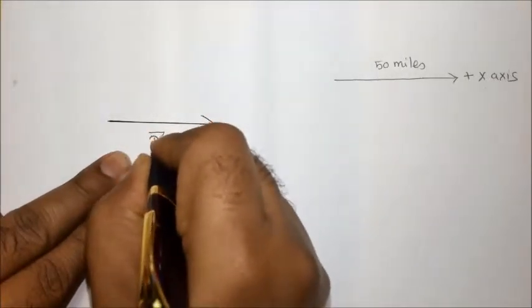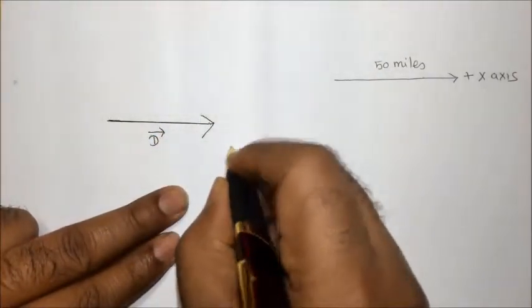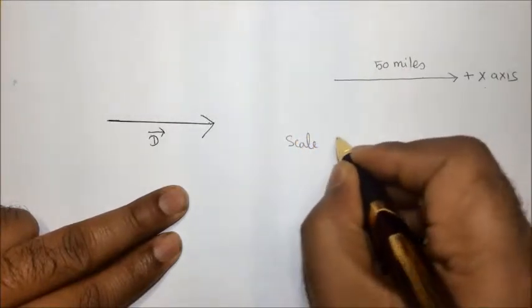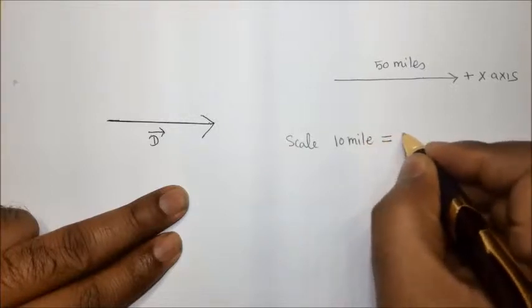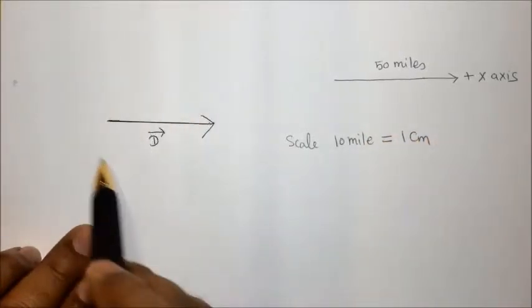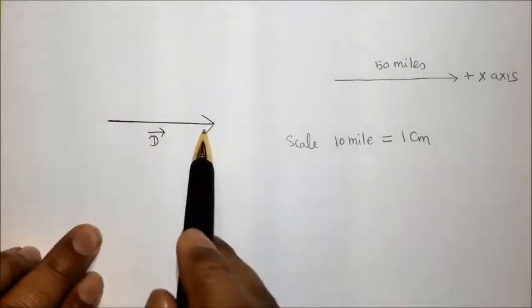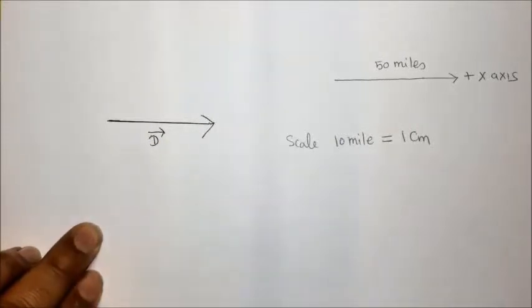D, and the scale is 10 miles is equal to 1 centimeter. So this vector represents 50 miles of displacement along plus x-axis.